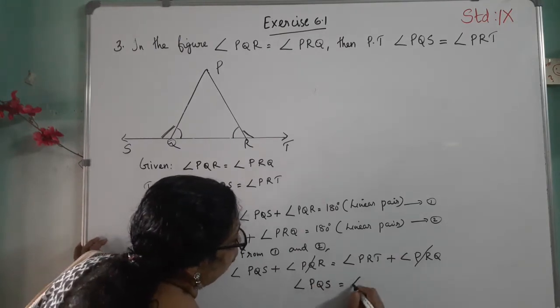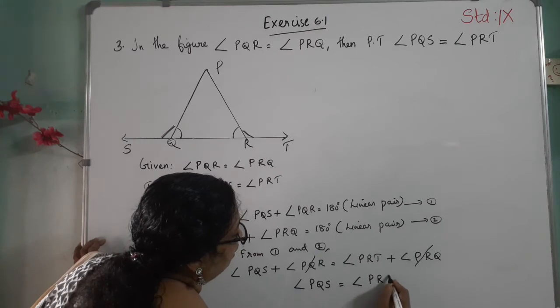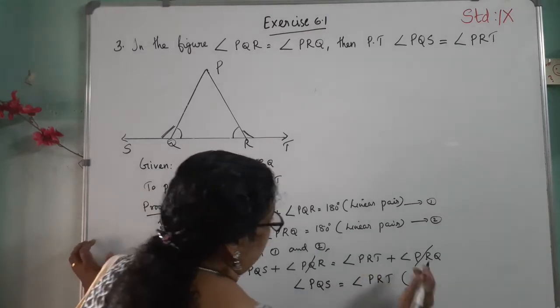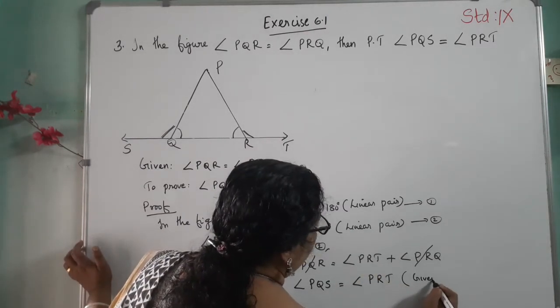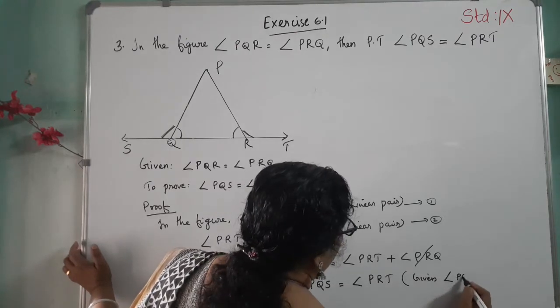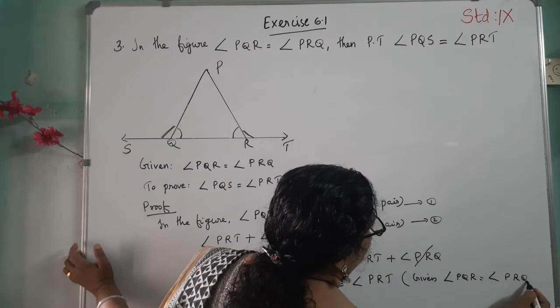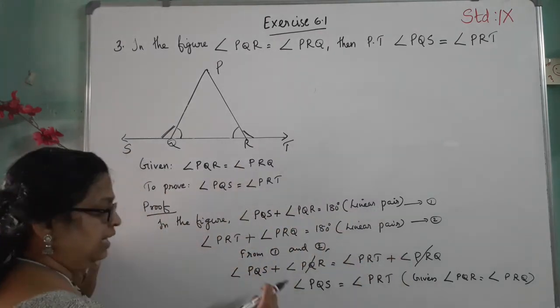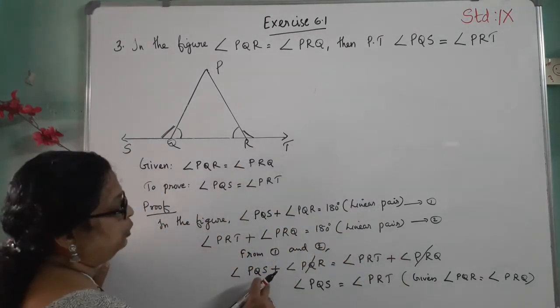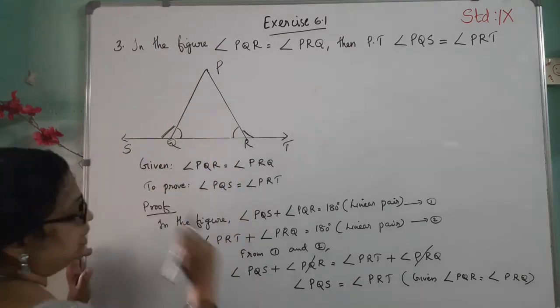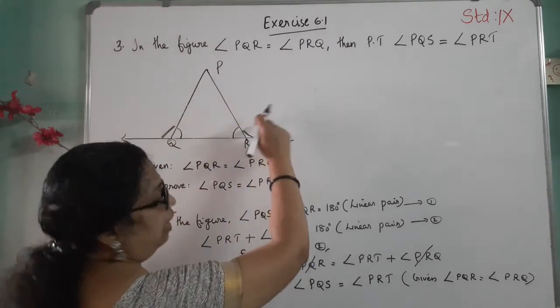These two cancel, that is given, angle PQR equal to angle PRQ. Then we get angle PQS equal to angle PRT.